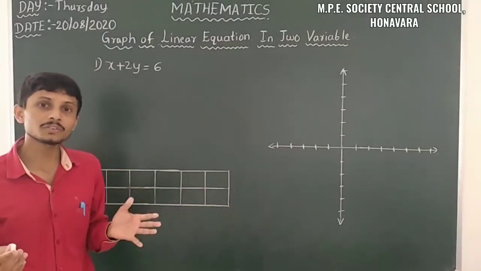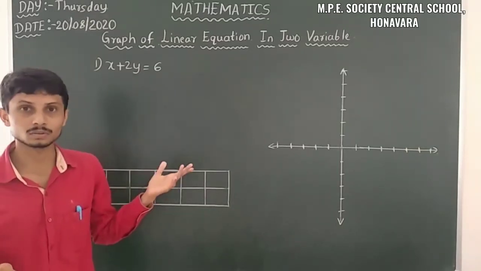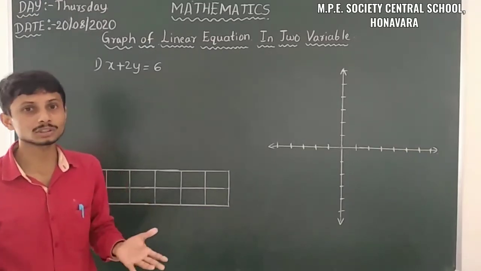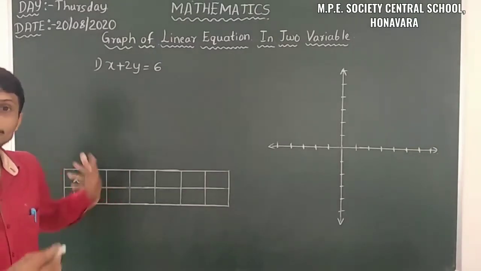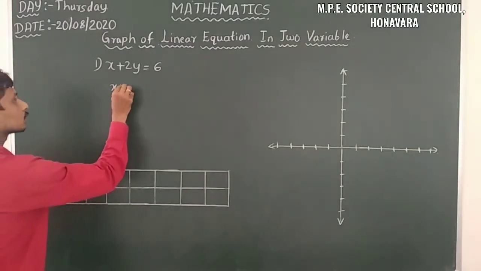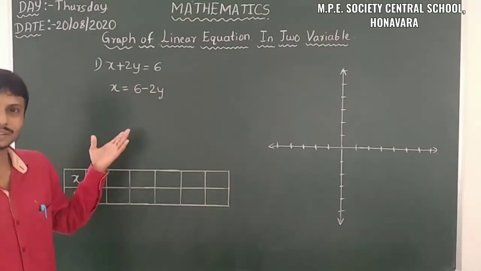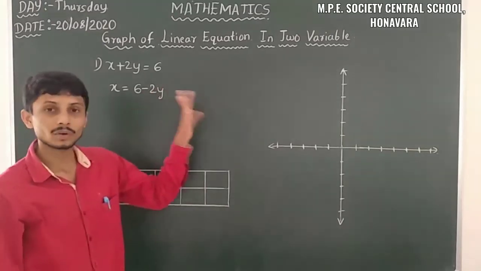Okay, so what we have to do firstly? We have to convert that equation in the form of x is equal to or y is equal to. Both may be possible here, so you can take x is equal to or y is equal to. Which one is better, you have to opt. So when you are taking x is equal to, just observe here, x is equal to 6 minus 2y. It's also better, so you can take it like this, or you can take y is equal to also.